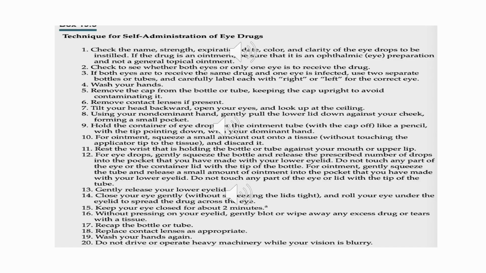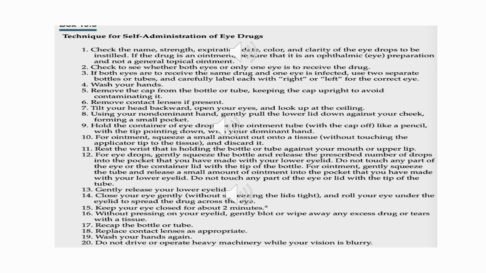A technique for self-administration of eye drugs. Number 1, make sure that you check the name, the strength, the expiration date, the color, and the clarity of the eye drops to be instilled. If the drug is an ointment, be sure that it is an ophthalmic eye preparation and not a general topical ointment.